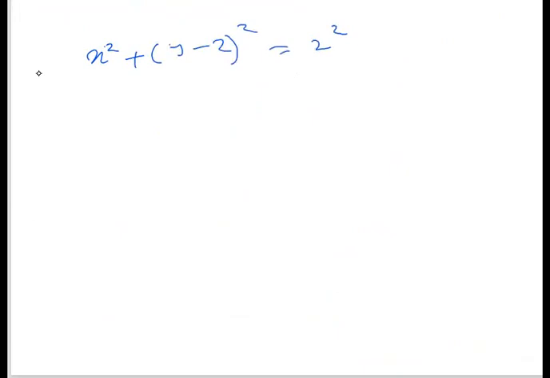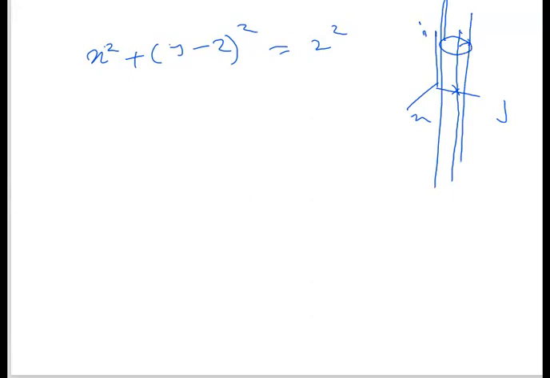So centered at what? The x, y, and z. So the axis of the cylinder is going through 0, 0, 2. So this is the axis of the cylinder, and the radius is 2. So this is infinite. So this is the cylinder.